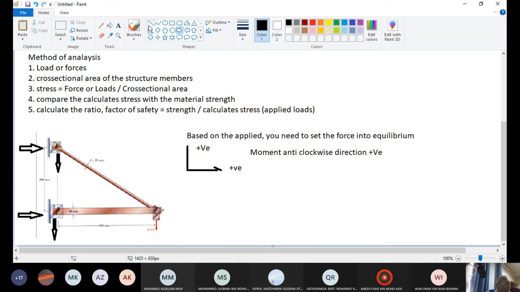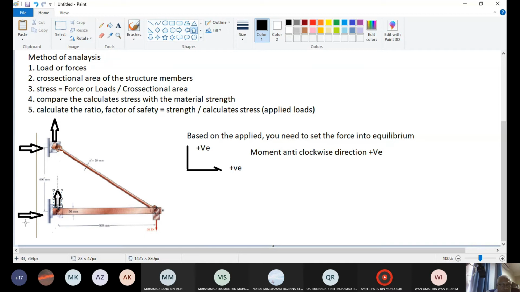Sorry, it's reverse, my mistake. The force reacted the other way, because the applied force of 30 kilonewton has a reaction force in the opposite direction.